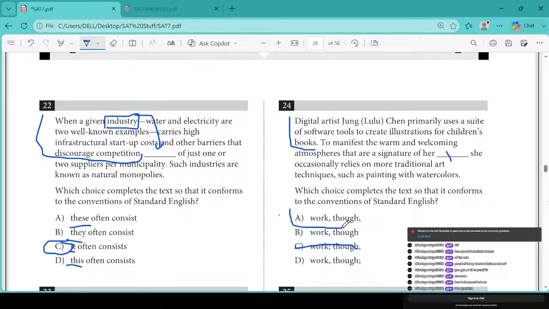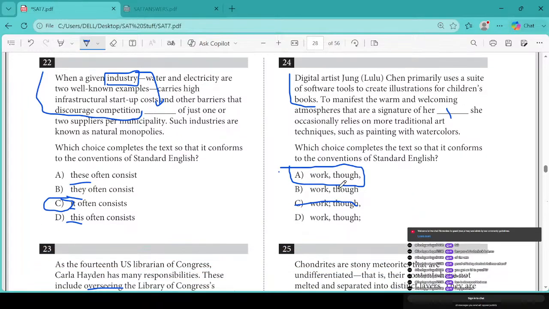Which means it will be A, because you want though here to be part of the first sentence. D cannot be because it would still separate it into two separate sentences, and you can't make this dependent clause a separate sentence. So it would be either A or B, but because though is part of the first clause, there would be a comma after it.